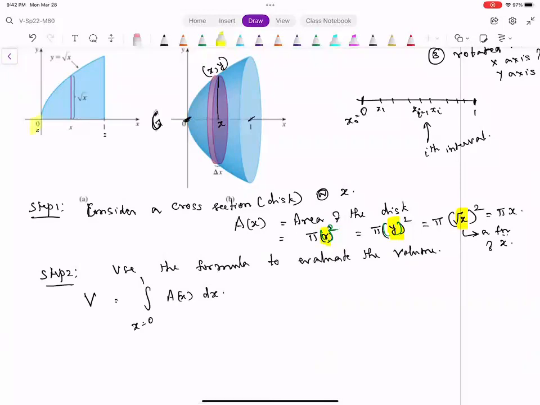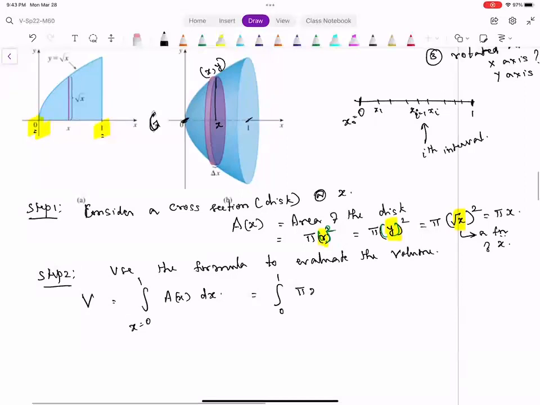That is the integral from 0 through 1 of pi x dx. So pi is a constant which can be pulled out. The integral of x is x squared over 2 between 0 and 1. So it is pi times 1/2 minus 0, which is pi over 2.